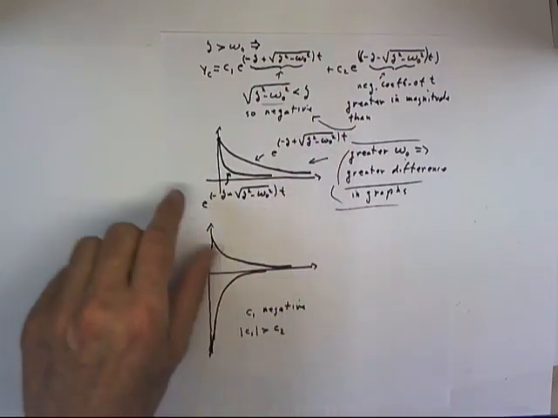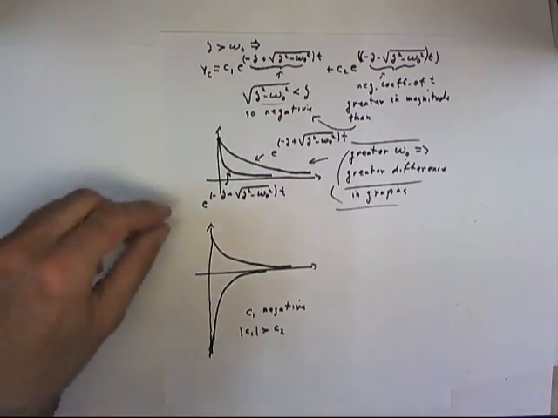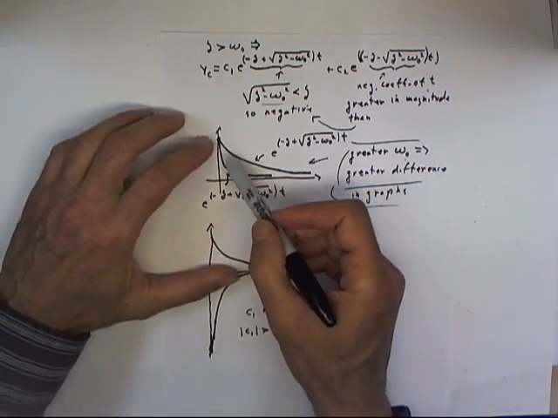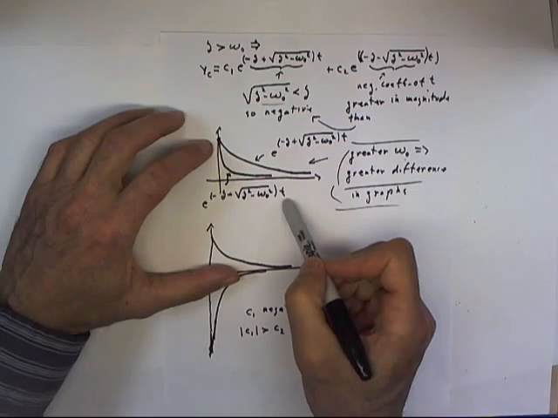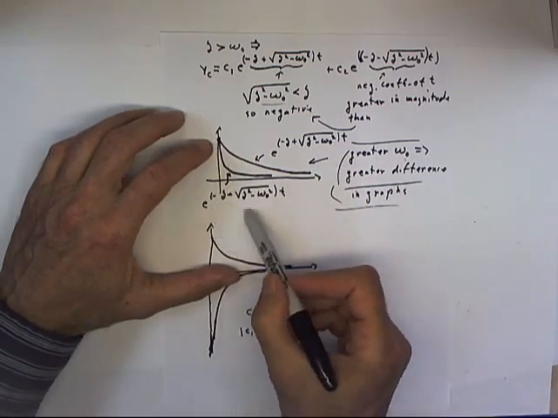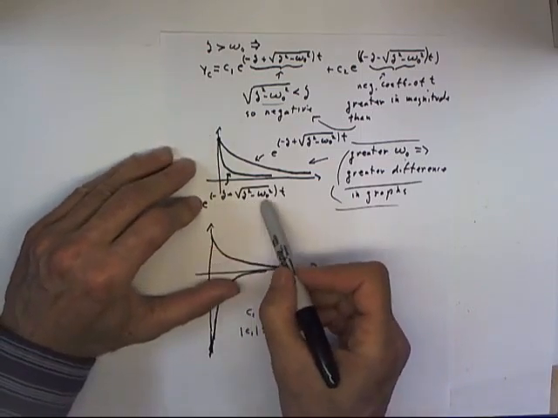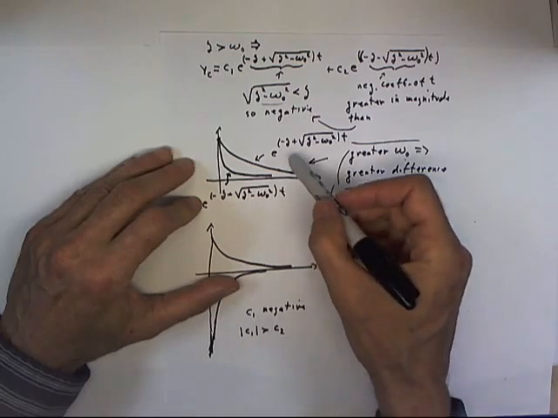Now that has the following effect on the graphs of the exponential functions. The function with the greater negative coefficient of t is going to decline more rapidly, as you should understand from the basic numerical behavior of an exponential function.